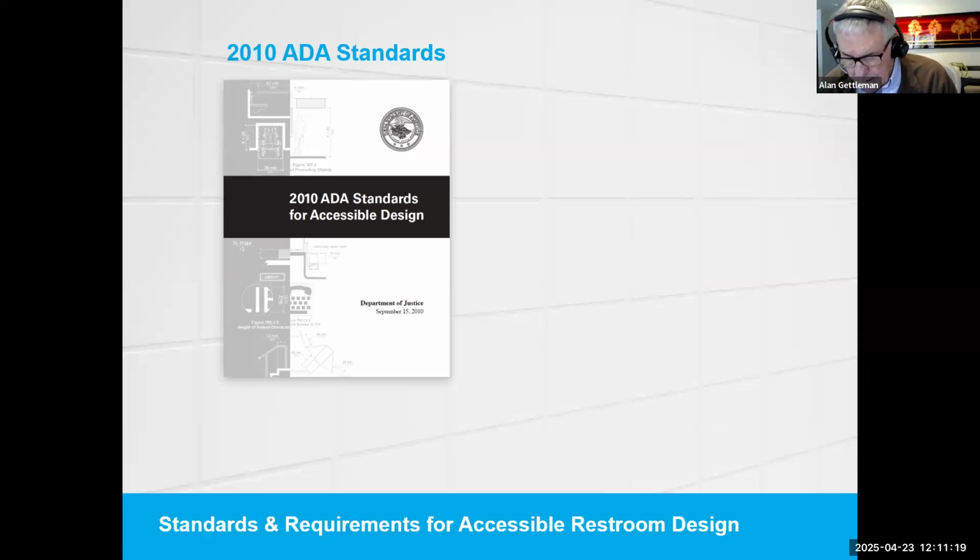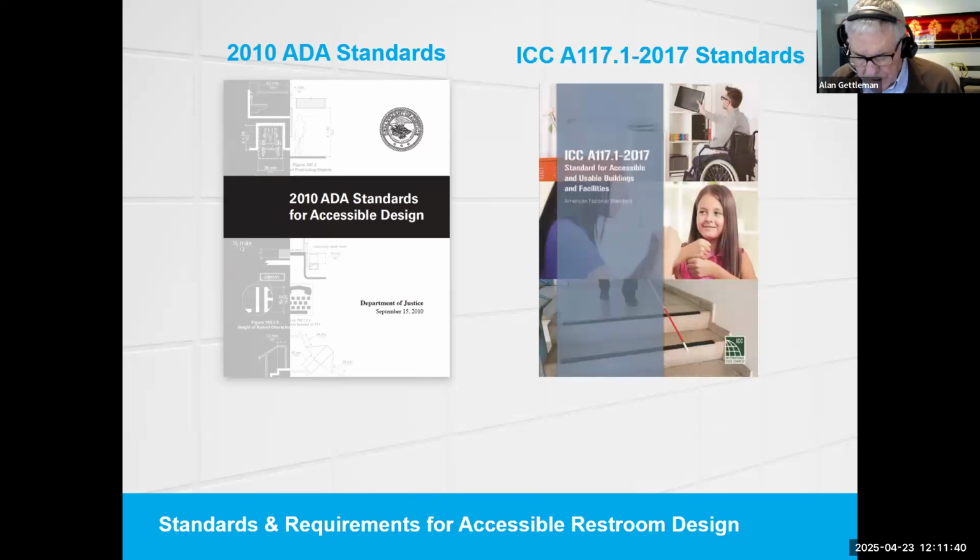What it really is, is a federal civil rights law that recognizes inaccessible facilities as a form of discrimination, discrimination against people with disabilities that are prevented from getting into the restroom. The A117 standards are adopted by states and then incorporated into their state building codes.